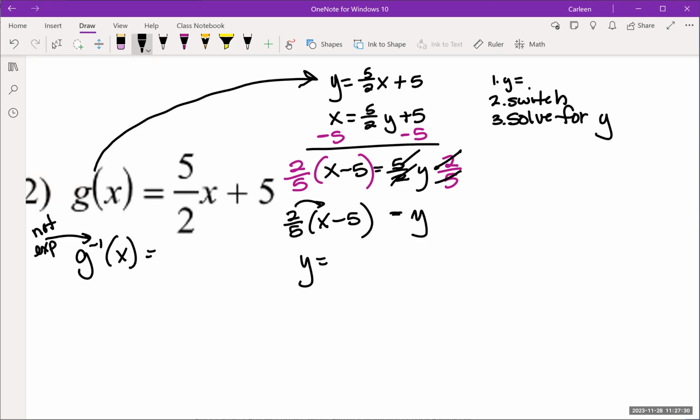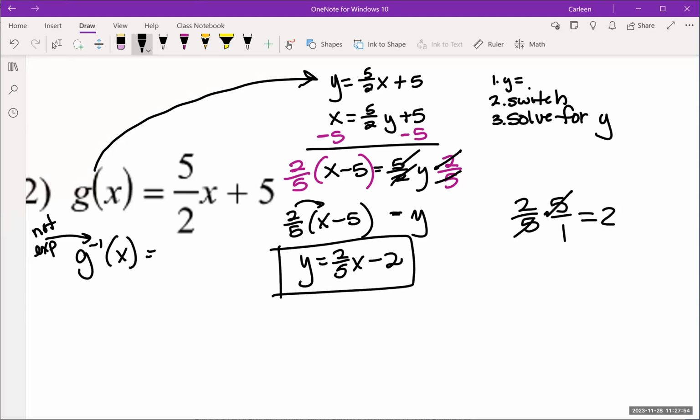Okay, last year I went ahead and distributed. So 2/5 x. Now I need to take 2/5 and multiply it by 5/1. And what do I get? 2. There we go.